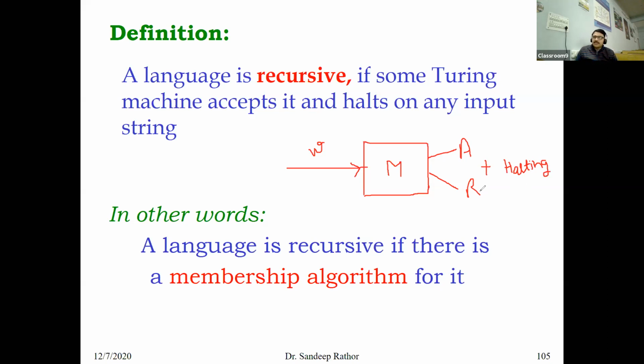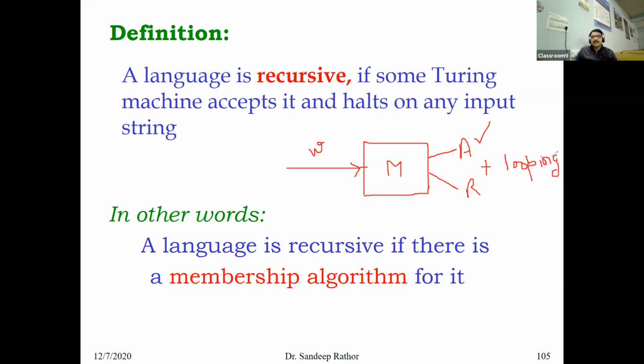Now, what about recursively enumerable languages? If W belongs to L, the machine will accept. If it does not belong to the language, the machine may reject, but the important point is that it may loop forever. It is not guaranteed that the machine will halt after completing the process.